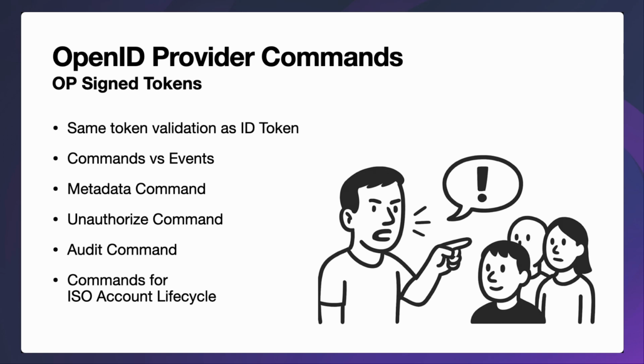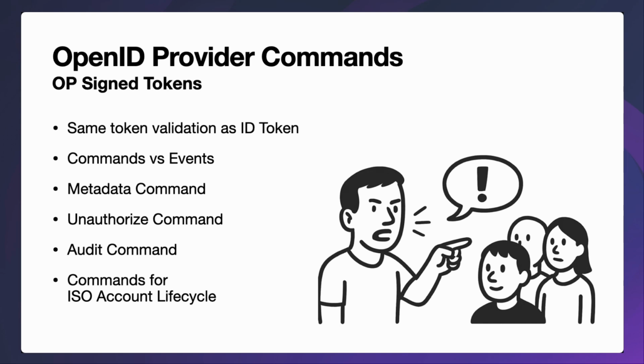In contrast to SCIM, which requires the application to set up an OAuth server or something like that to manage the SCIM API, which is a set of REST calls to manage the resources at an application, OP Commands is quite a bit simpler.